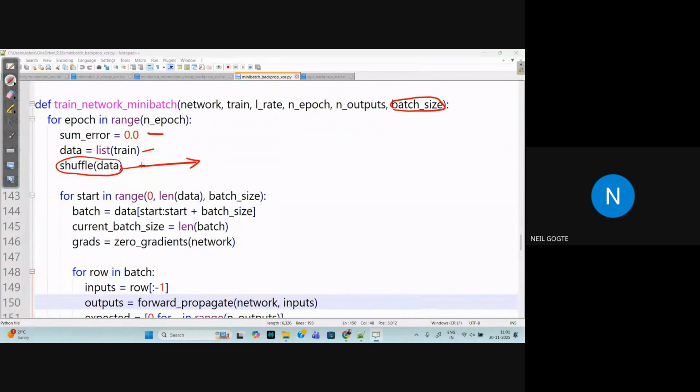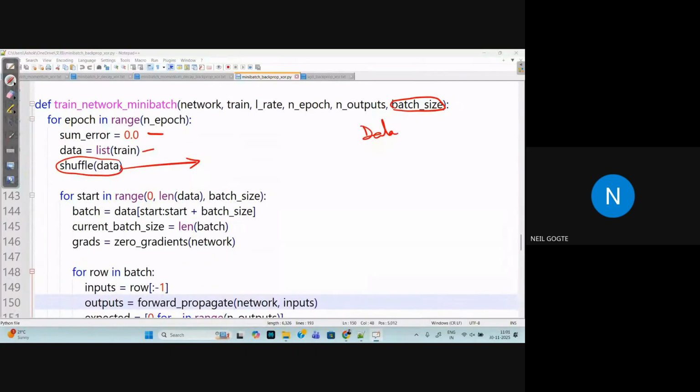Now, why do I shuffle data? Quite often what happens is when the data is generated, it is generated in a particular order. And data which is similar gets aligned together in the data generation.